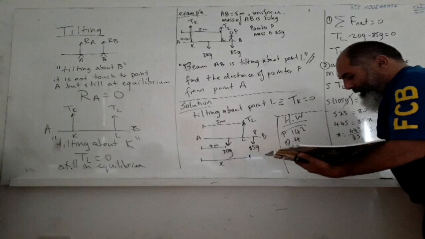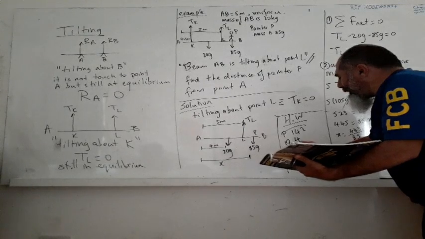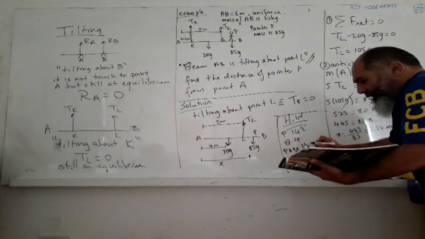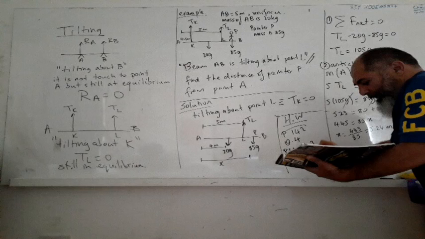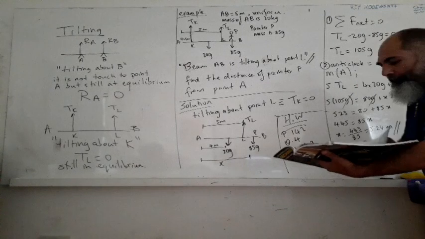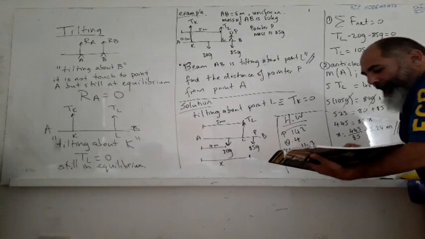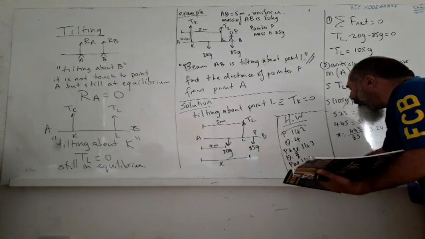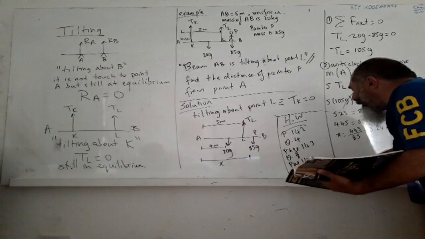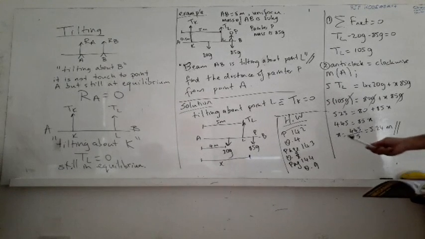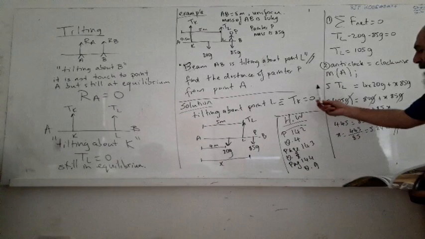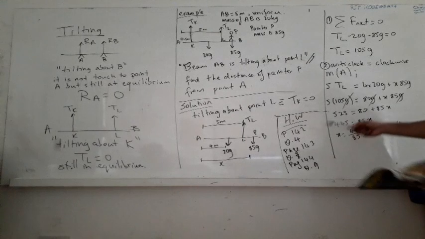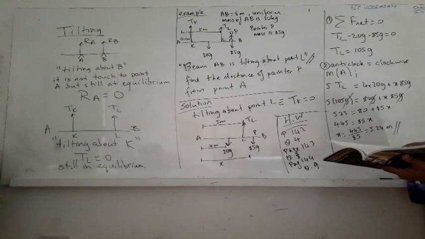Page 143, question 8. And page 144, question 9. Tomorrow I am going to solve these 3 questions for you, and hopefully if we have time I am going to solve a couple more.